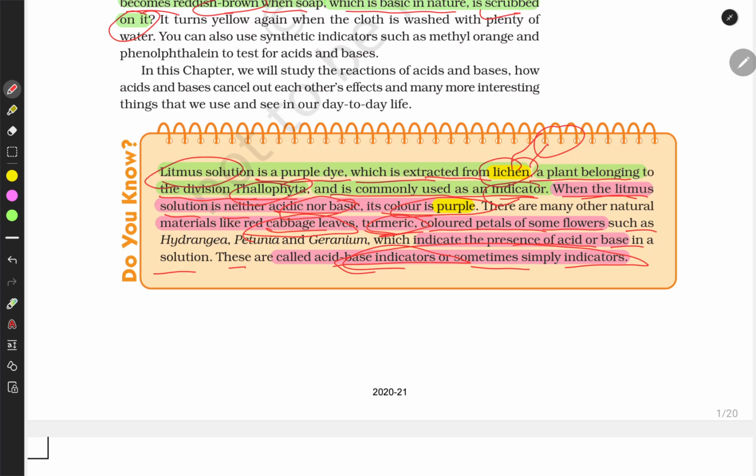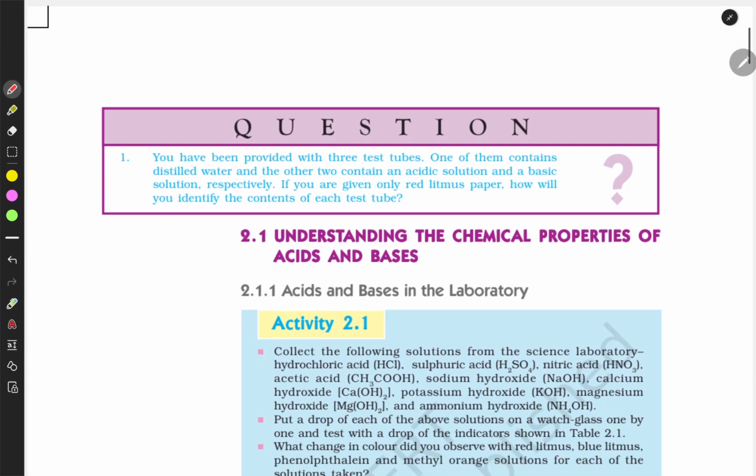When they come in contact with either acid or base, they react and show a different color; their color changes. So acid and base can be identified by these indicators, and simply we call them indicators.